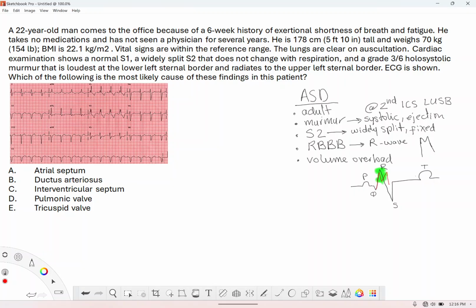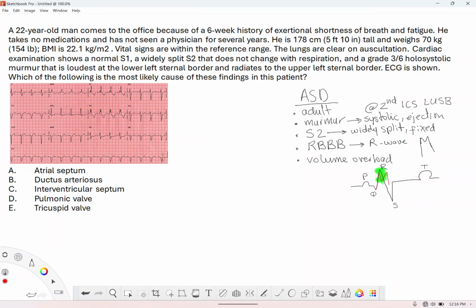See, electric impulses come from the AV node to the bundle of His, and the bundle of His splits into two bundles, the right bundle and the left bundle. The right bundle will supply the right ventricle, and the left bundle will put electric impulses to the left ventricle.